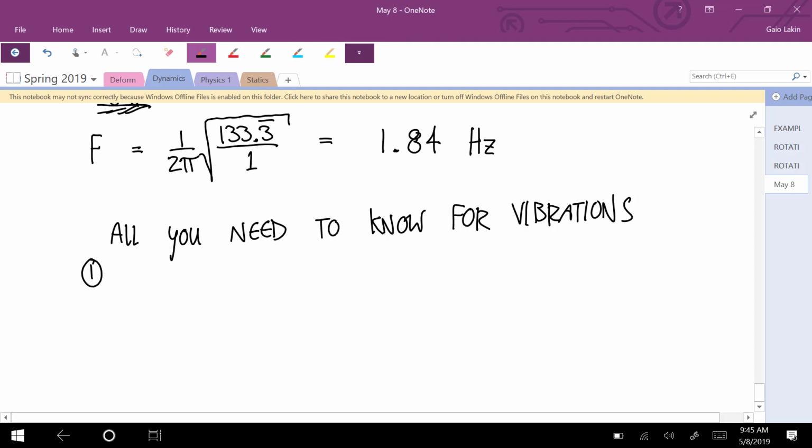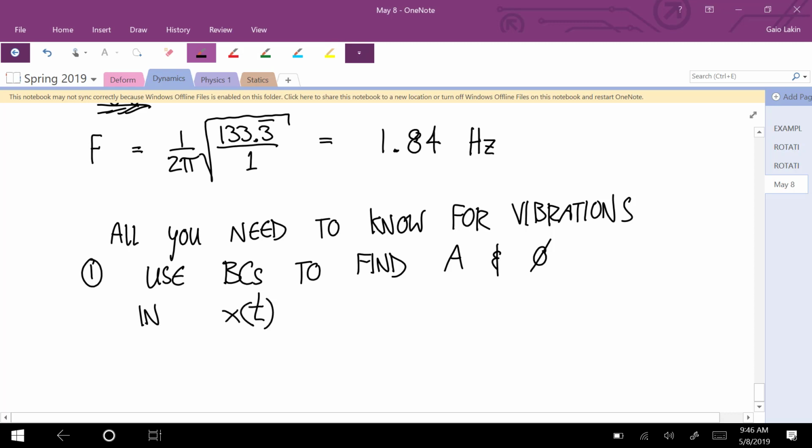First, you should know how to use the boundary conditions to find A and phi in the function A times sine of the quantity square root of k over m times t plus phi.